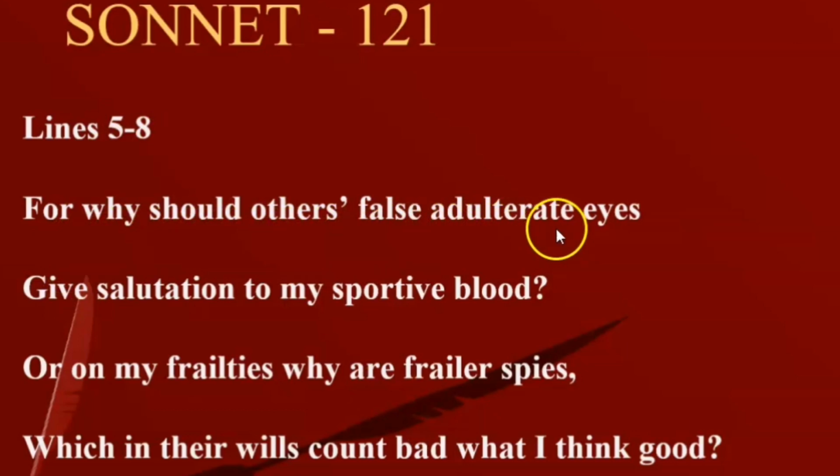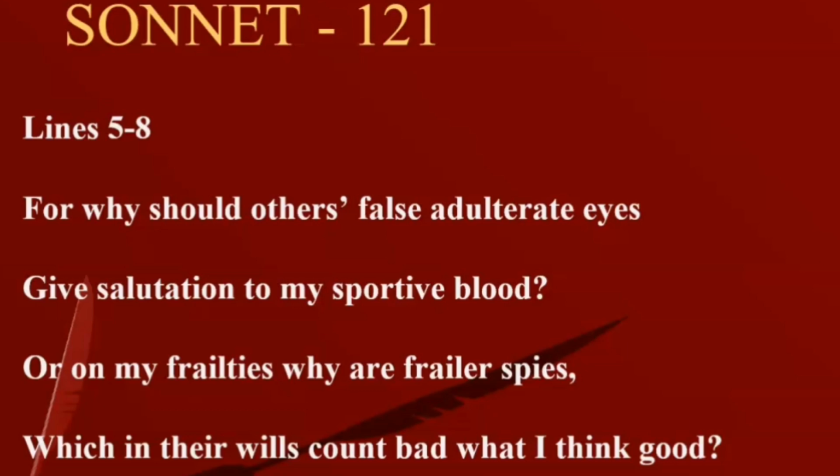For why should others' false adulterate eyes give salutation to my spotty blood? Right? He poses another important question. For why should others' false adulterate eyes? I told you the poet is really angry, no? Being a young man, he is very angry. Because why are these people finding fault with us? Finding fault with me? So he says, for why should others' false adulterate eyes? Adulterate eyes.